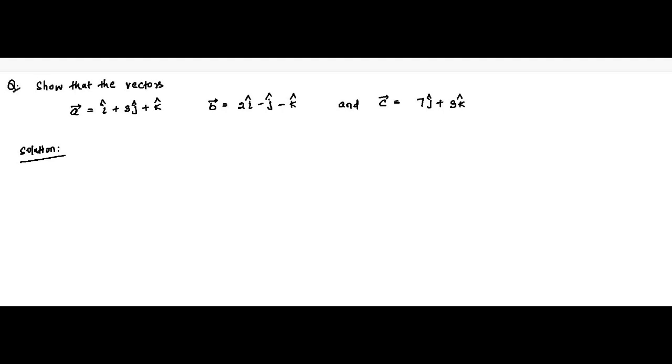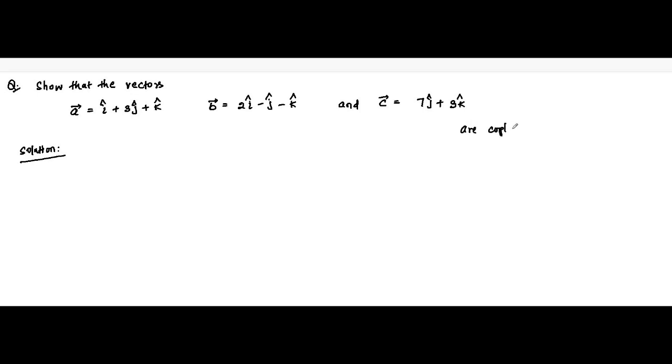So here is another question on coplanar vectors. It has been asked to show that the vectors a vector, i cap plus 3j cap plus k cap, b vector, which is 2i cap minus j cap minus k cap, and c vector, which is 7j cap plus 3k cap, are coplanar.